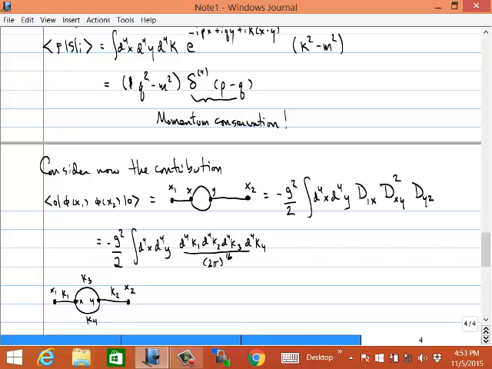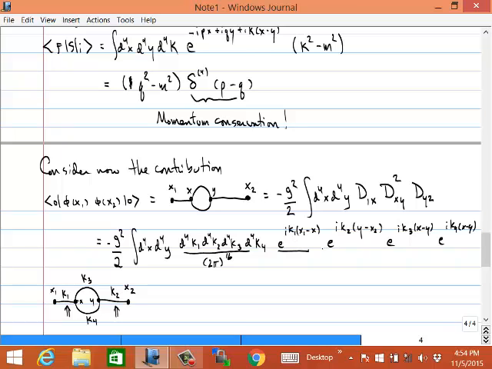And so what is the integrand then? Well, you get an e to the i k1 times (x1 minus x), and e to the i k2 times (y minus x2). That's from this propagator and this propagator. And then you get an e to the i k3 times (x minus y), and an e to the i k4 times (x minus y).